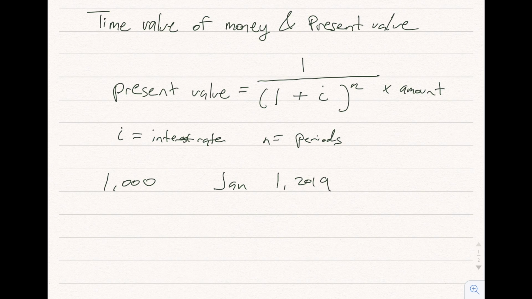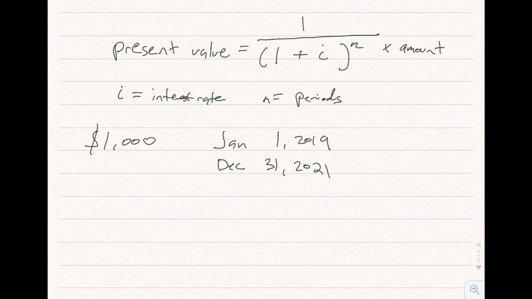And I have the opportunity to receive this $1,000 cash December 31st, 2021. So that's 3 years, right? All of 2019, all of 2020, and all of 2021.